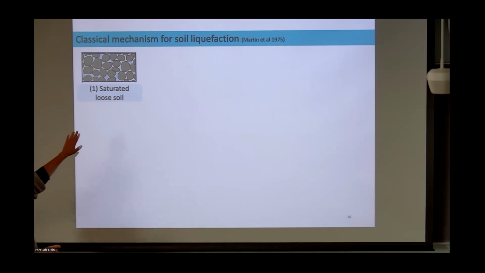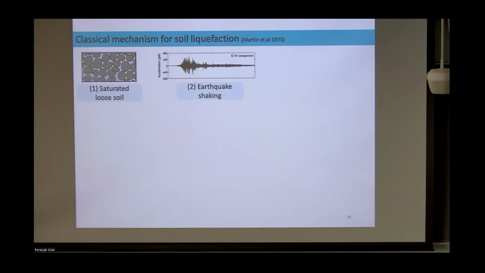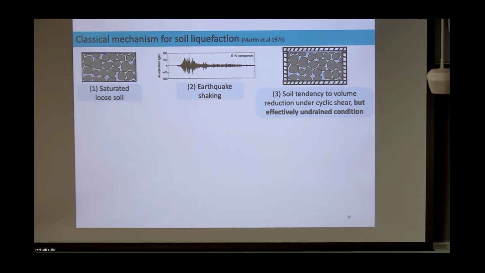So this is the classical mechanism for soil liquefaction. The idea is that we have grains and we have fluid in between. And then comes the earthquake shaking, and here you see this signal. The soil tends to want to reduce its volume under cyclic shear. It wants to reduce its porosity.